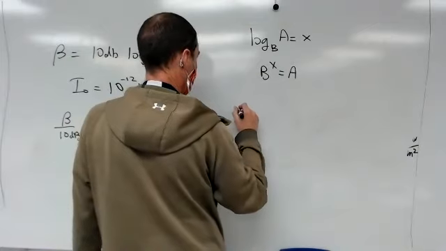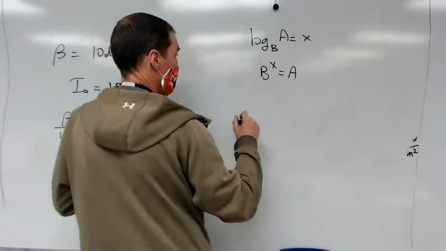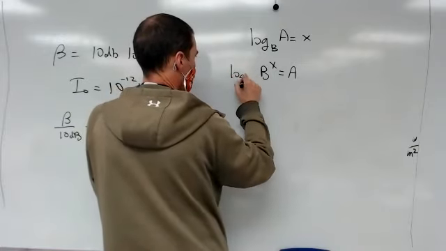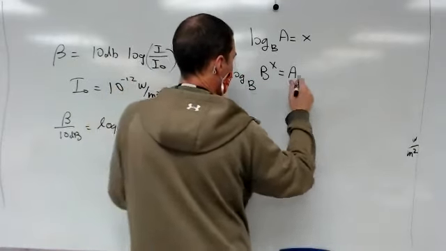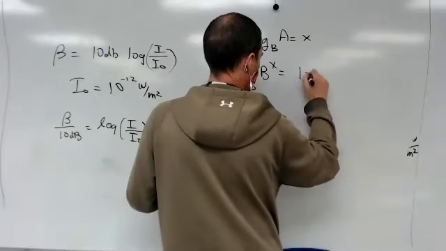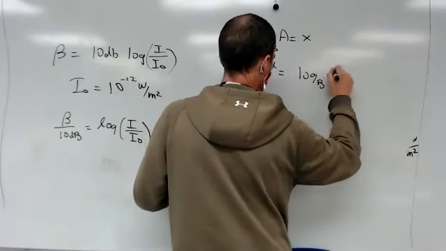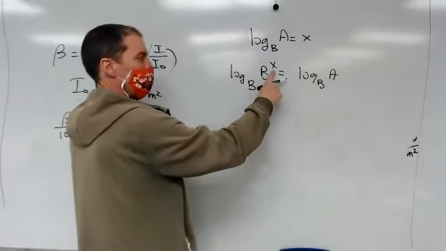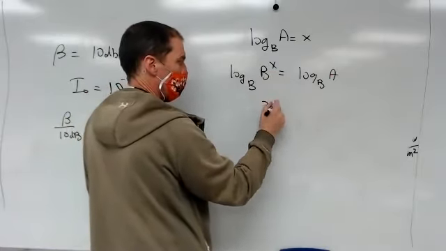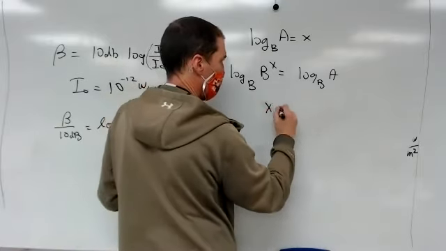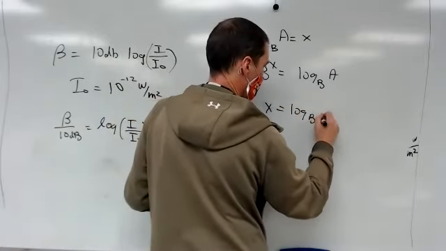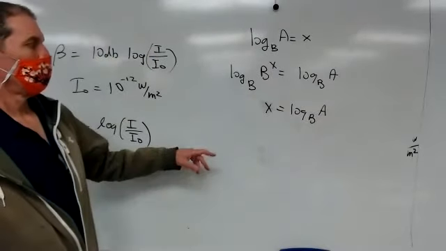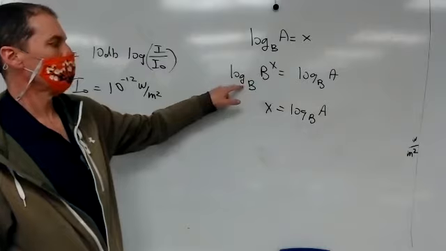And so if I take the log of both sides, log base 10 of 10 to the third is just 3. It's just x. Hopefully you can see that they're inverse functions.